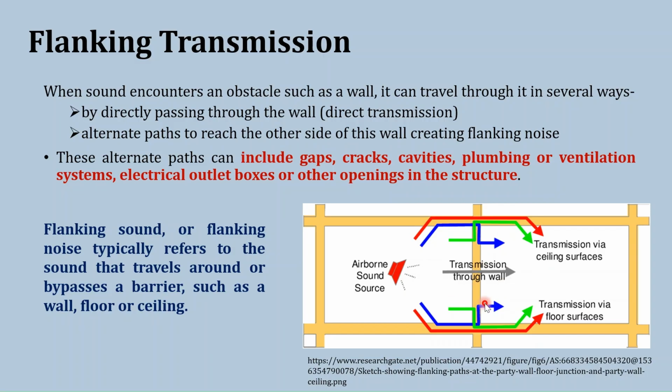These alternate paths can include gaps, cracks, cavities, plumbing or ventilation systems in the room, electrical outlet boxes or any other opening in the structure.